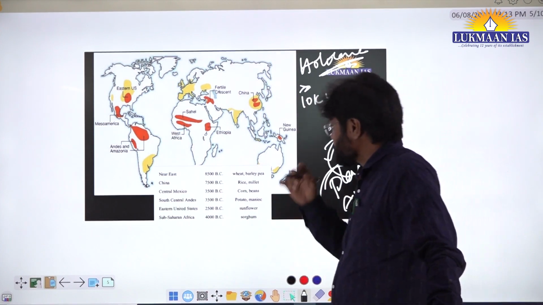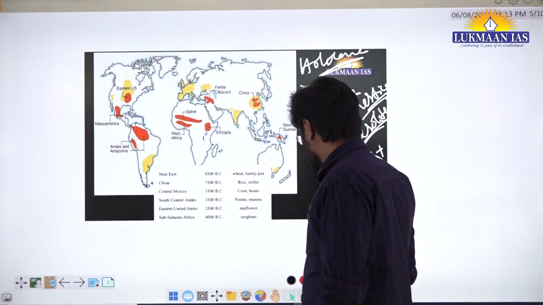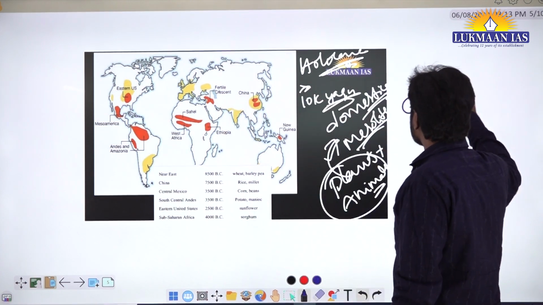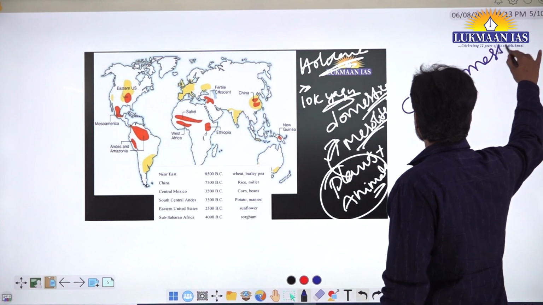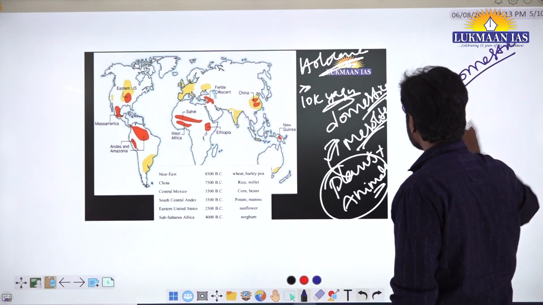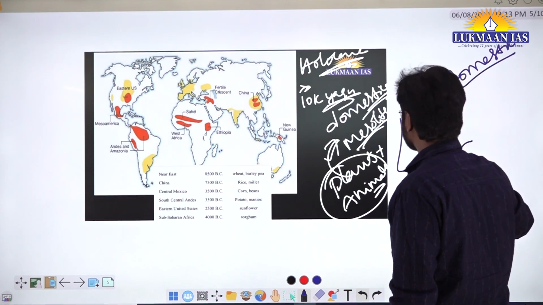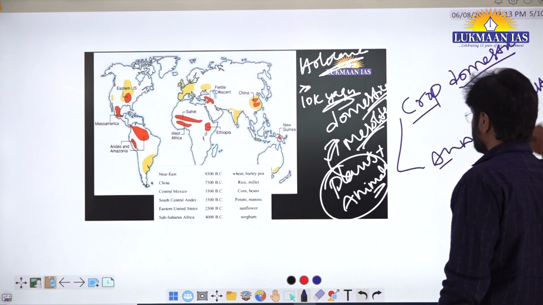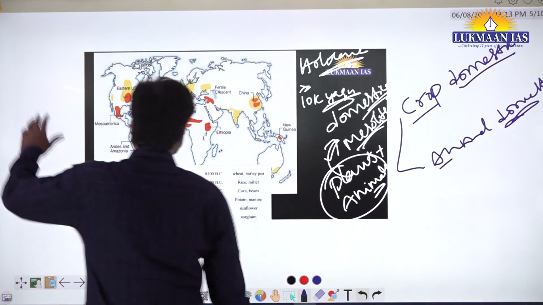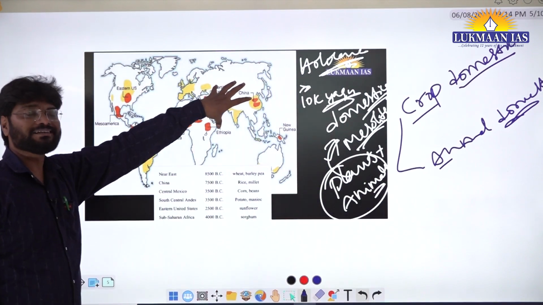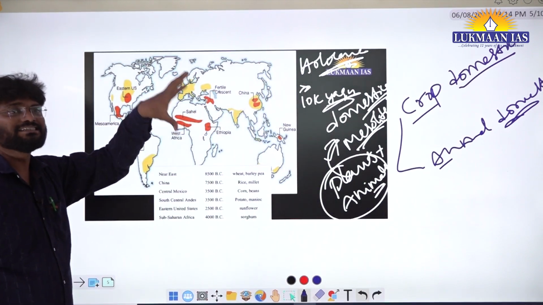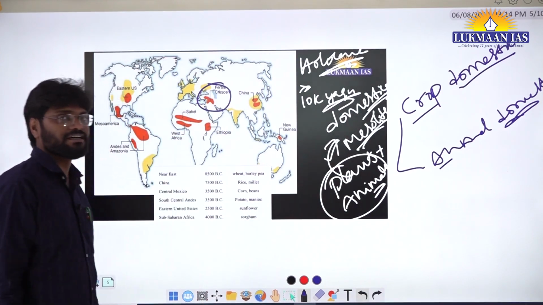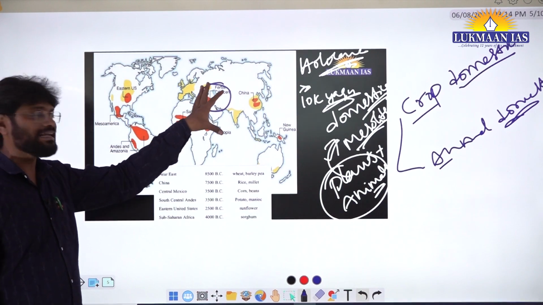Here you can see that when it comes to domestication, the Neolithic involves two types: crop domestication and animal domestication. First we will give evidence of Neolithic domestications. The first place on earth where agriculture was discovered is the Fertile Crescent, the modern-day Israel, Palestine, Lebanon, Syria.